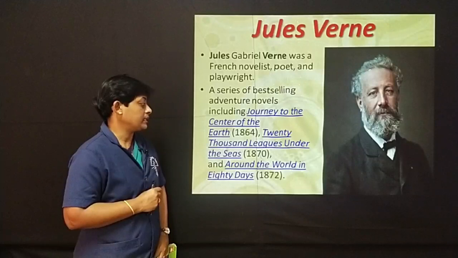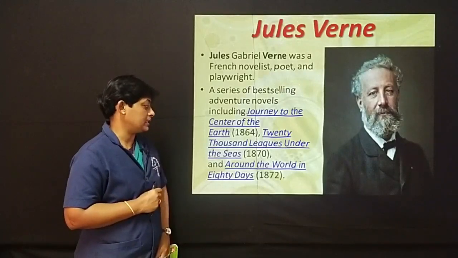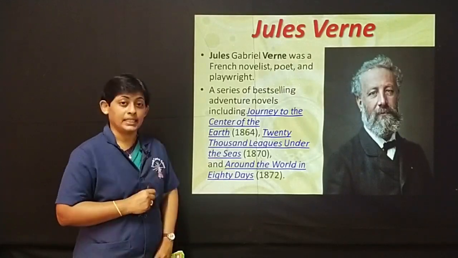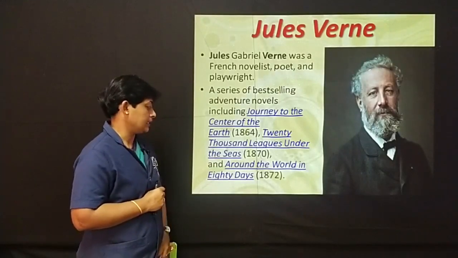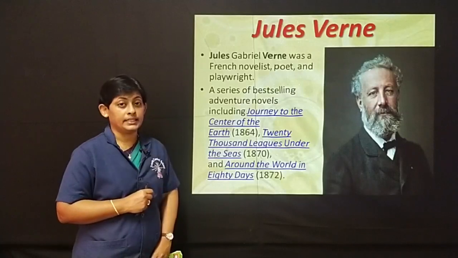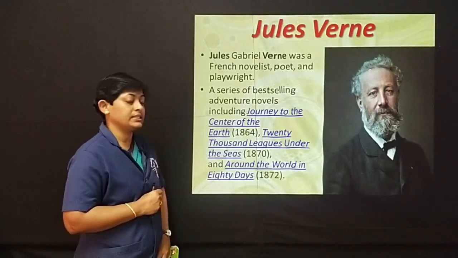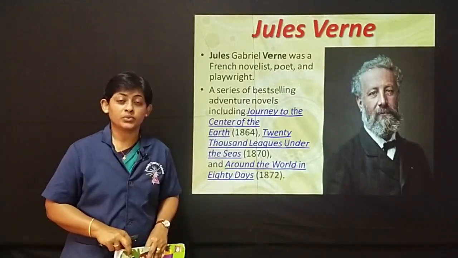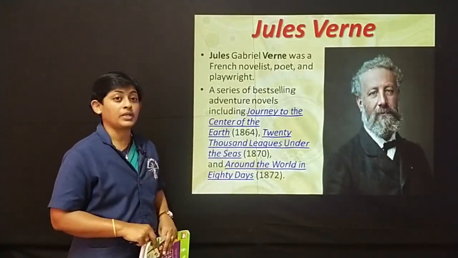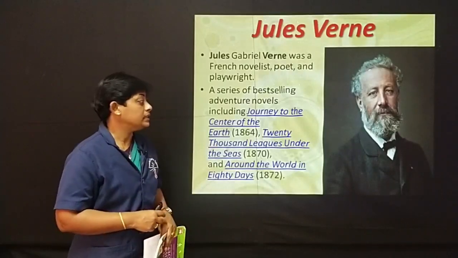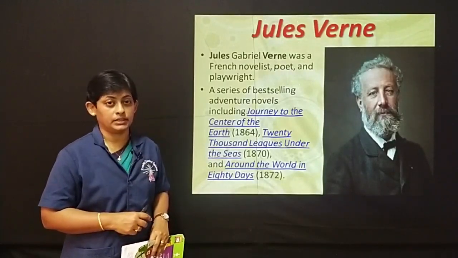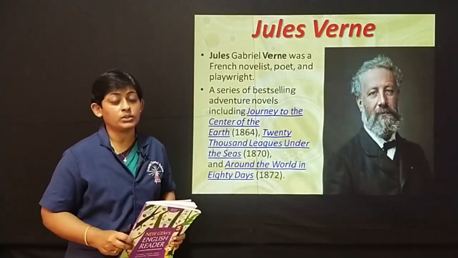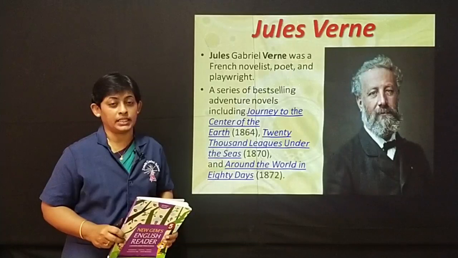Another one, 20,000 Leagues Under the Sea, written in 1870. The other one, Around the World in 80 Days, written in 1872. So today's chapter, Down the Volcano, is an extract from his famous novel, Journey to the Center of the Earth. So join me, students, while I read out this adventurous journey.